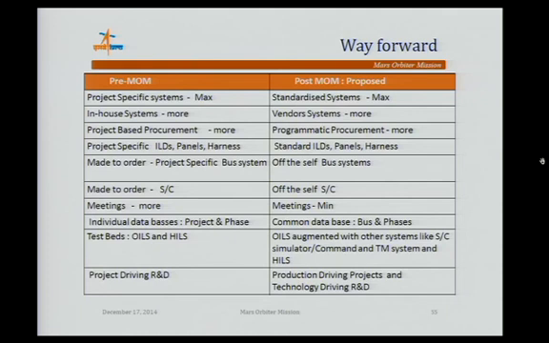In addition to OILS and HILS, we have subsystem interconnected conditions. Testbeds will be made so that any operation can be validated on the ground before uplink to the satellite. That concept has come. And project driving the R&D, now production drives the project and technology development drives the R&D. That is the normal change we see from MOM to post-MOM.